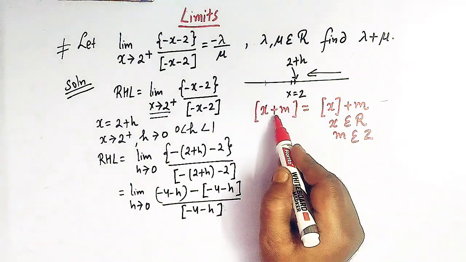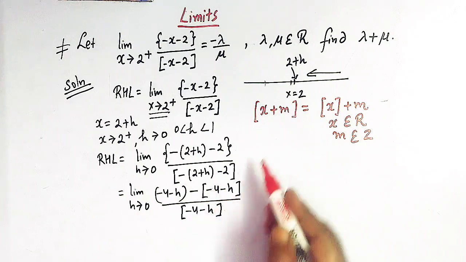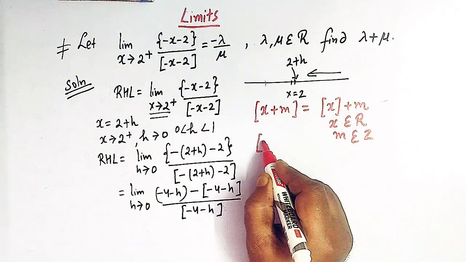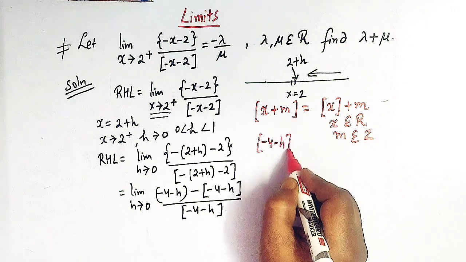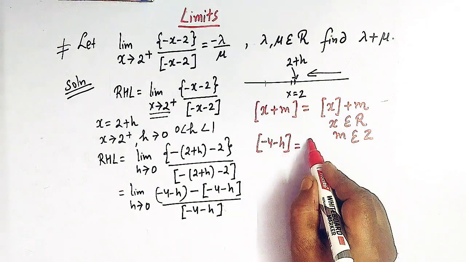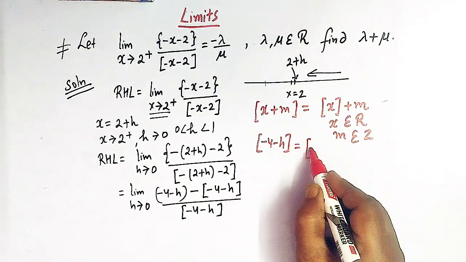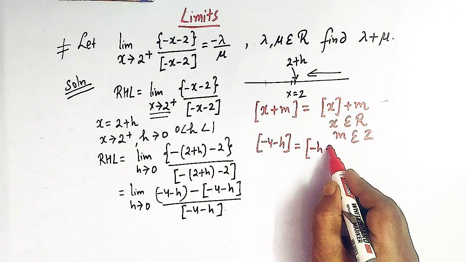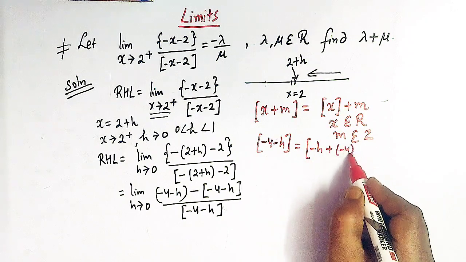Now we can apply this property to the greatest integer of minus 4 minus h. We can write this expression as minus h plus minus 4.